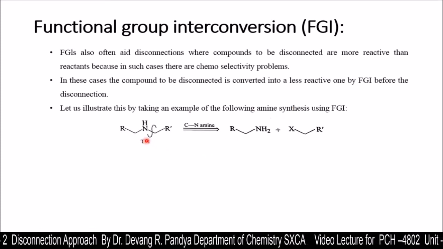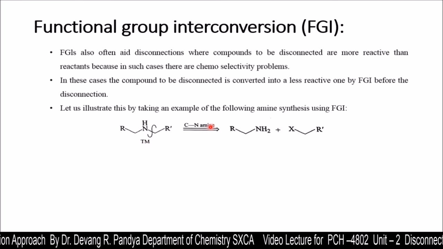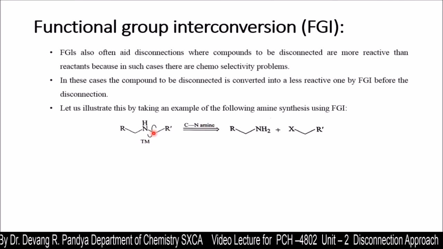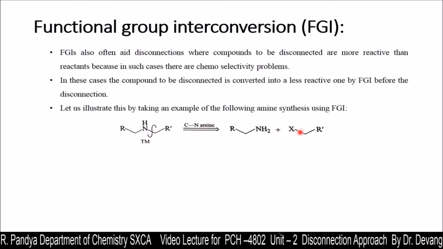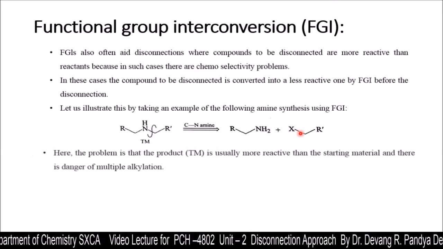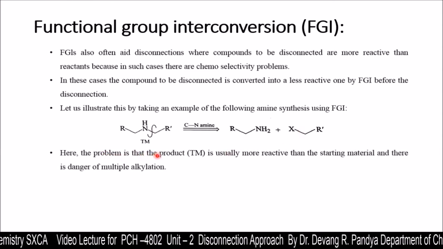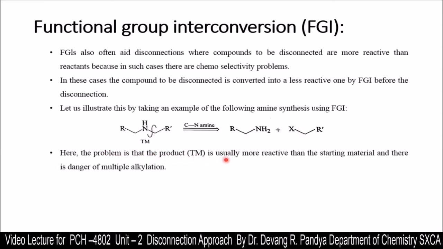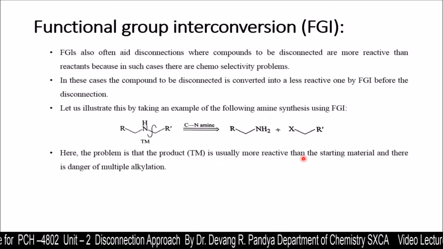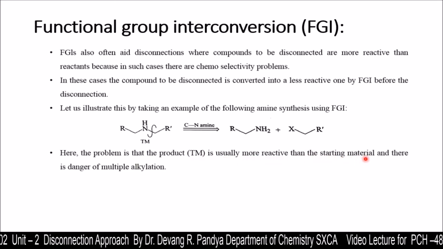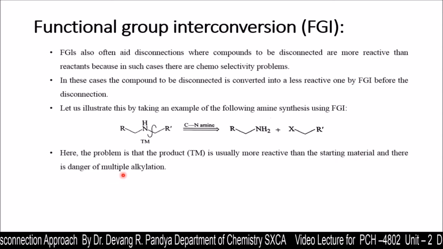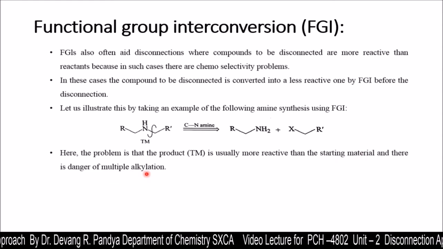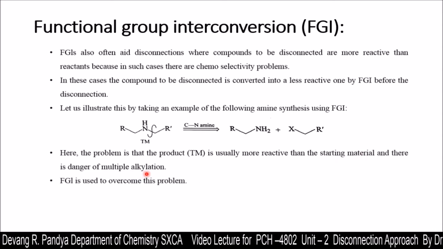This is the target molecule, a C-N compound, that is an amine. On disconnecting from this side, we are going to get this amine and this halide group over here. Now the problem is that the product, or we can say the target molecule, is usually more reactive than the starting material itself, and there is danger of multiple alkylation, and we are going to get a bigger chain molecule.